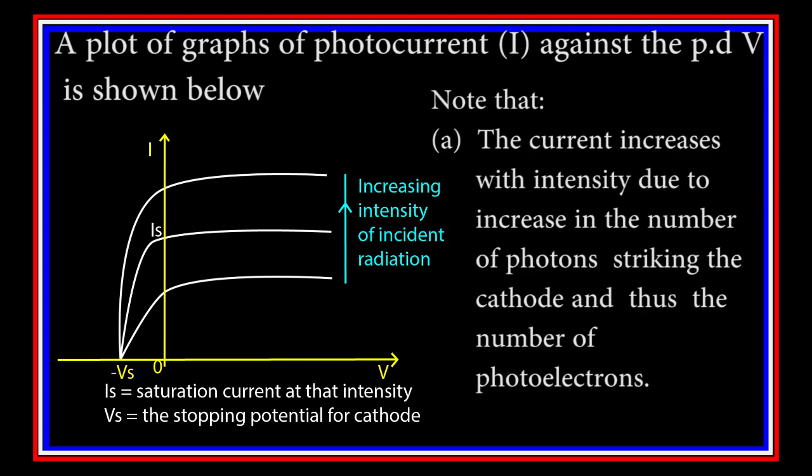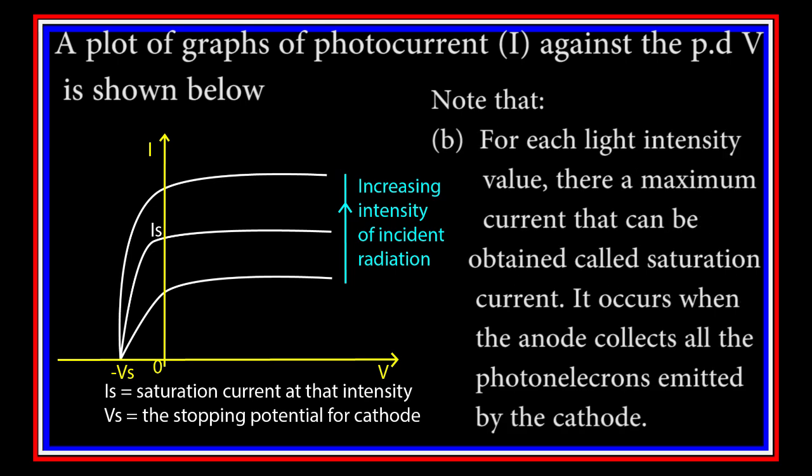Note that A, the current increases with intensity due to an increase in the number of photons striking the cathode, and thus the number of photoelectrons.